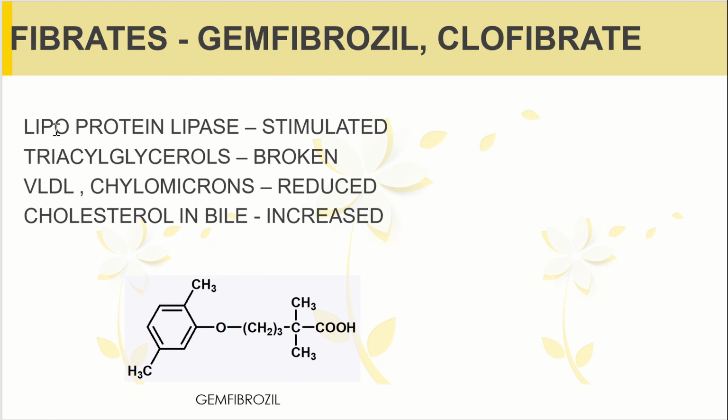As a result of these fibrates, you have stimulation of lipoprotein lipase. Remember that enzyme that we mentioned earlier. Triglycerols are broken down, VLDL and chylomicrons are reduced, cholesterol in bile increases. So that is what happens when you take your fibrates.